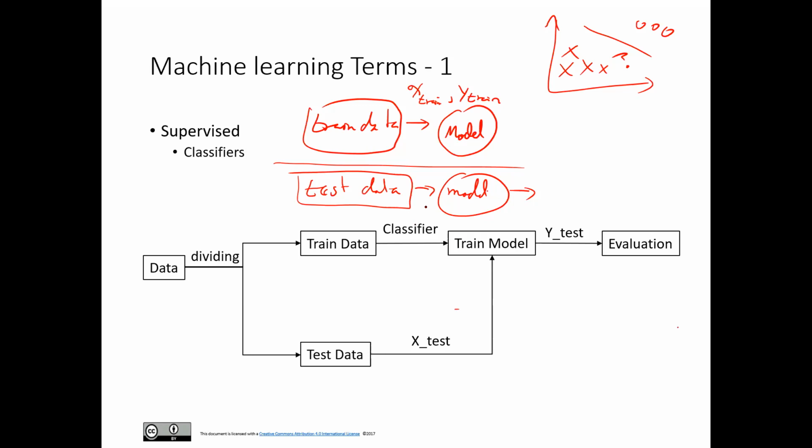In the next step, you only give it X test, and the model will predict, guess, Y test. But this X test, when you're evaluating, could be associated with a Y real. And that's how you measure the model: given X test, the model predicted Y test, and I also happen to have Y real. So now I can make a comparison to see if my model is performing well or not.